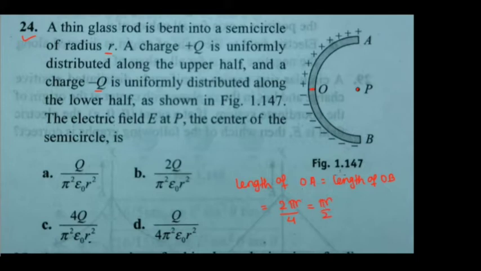Then we have to find the linear charge density. The linear charge density lambda is equal to the magnitude of the total charge q divided by the length of that segment.